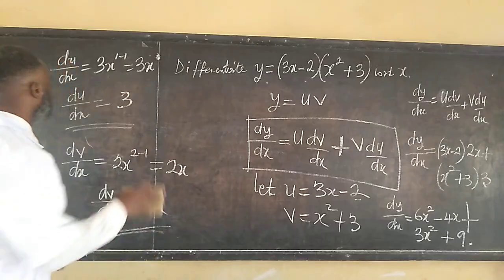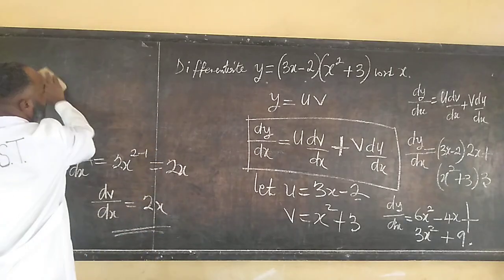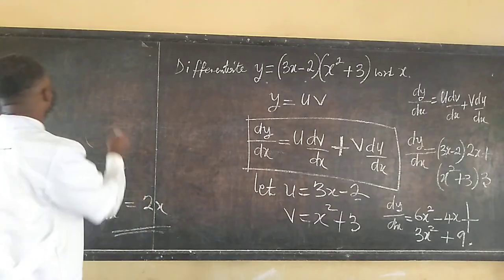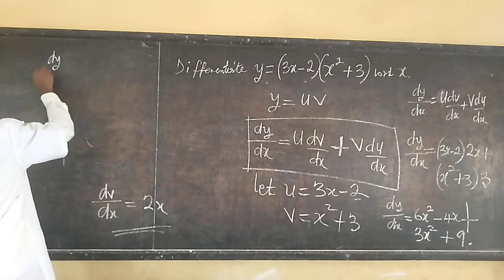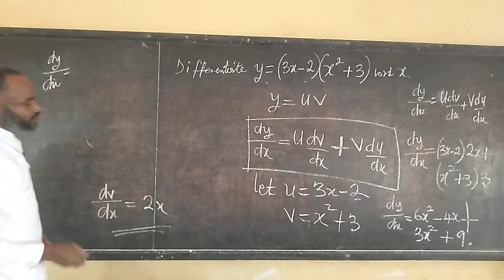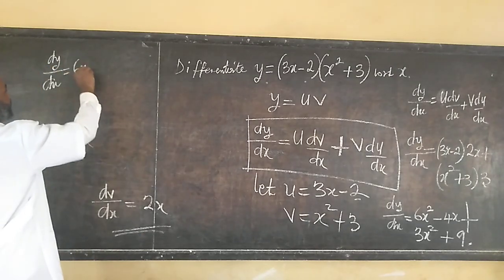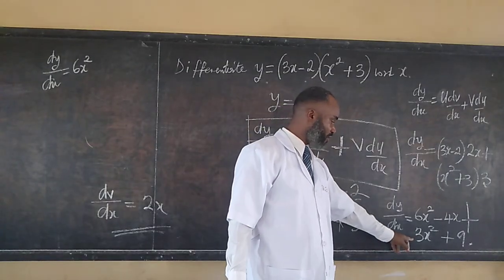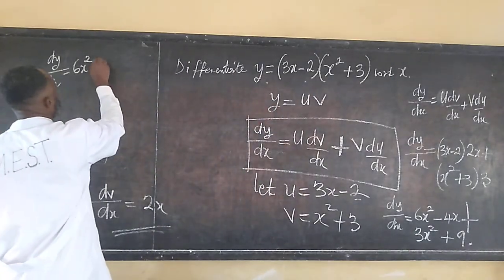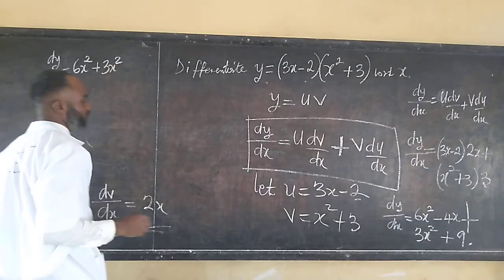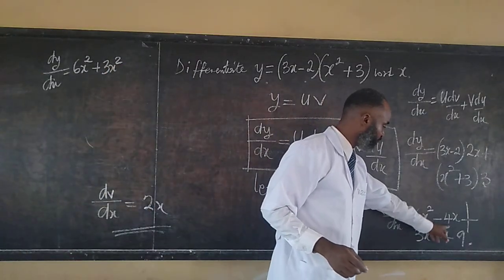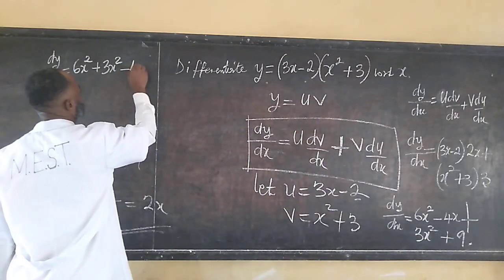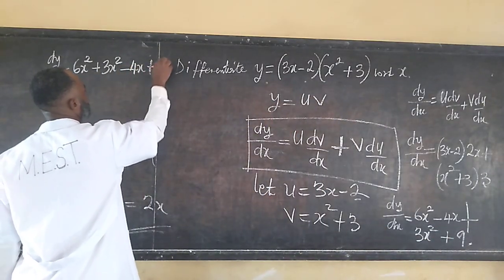The next thing we are going to do is collect like terms and see what remains. We have dy/dx is equal to 6x squared, and we go with 3x squared because they're common. So plus 3x squared. And then what next? Minus 4x. We don't have any other 4x, so we return that minus 4x, plus 9.